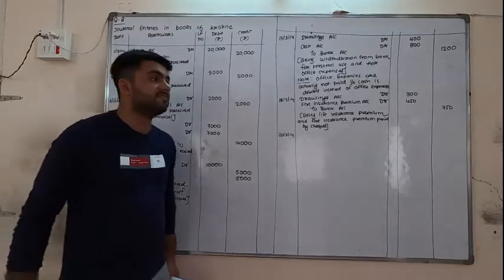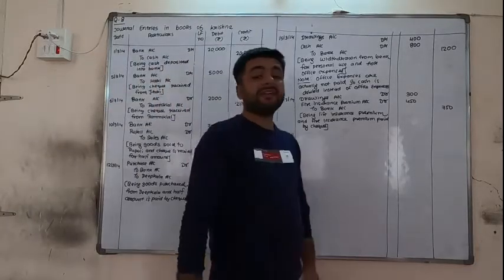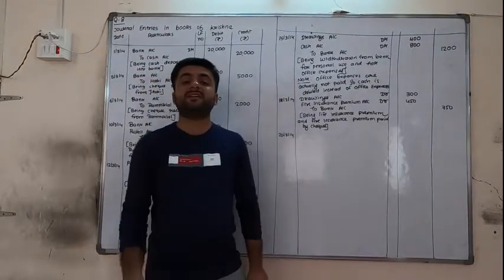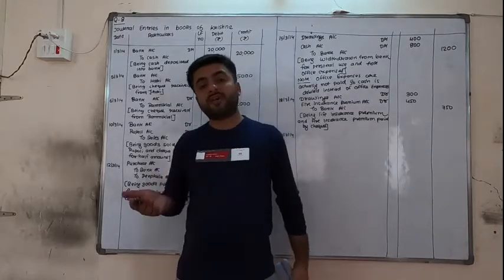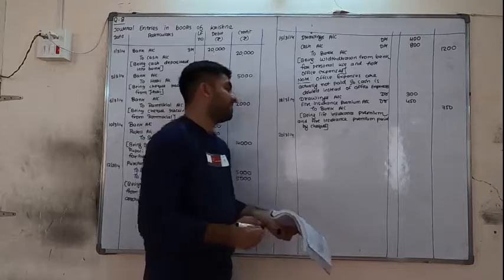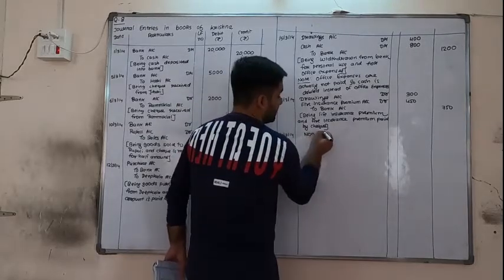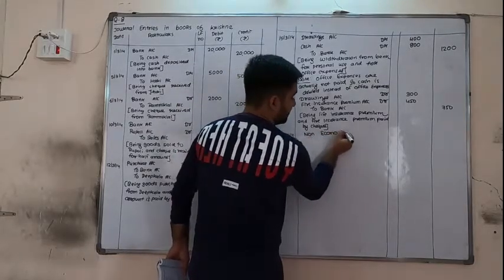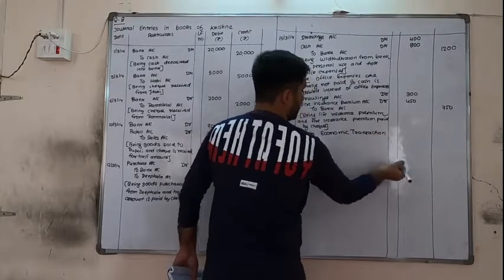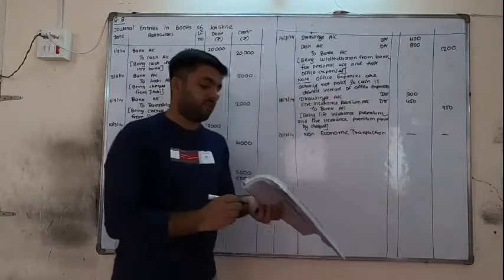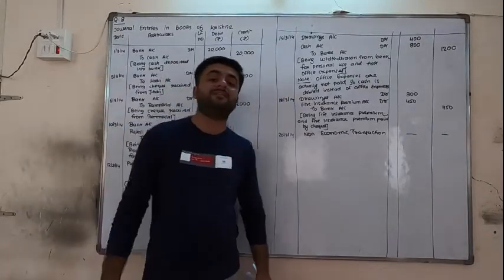Now this transaction is to be understood. Bank is just approving, bank is just finalizing our overdraft. No cash is coming in, no cash is going out, nothing is happening. So this transaction is a non-economic transaction. Why? Because we have not received any amount, we have not paid any amount, or we have to not pay or not receive anything in future.